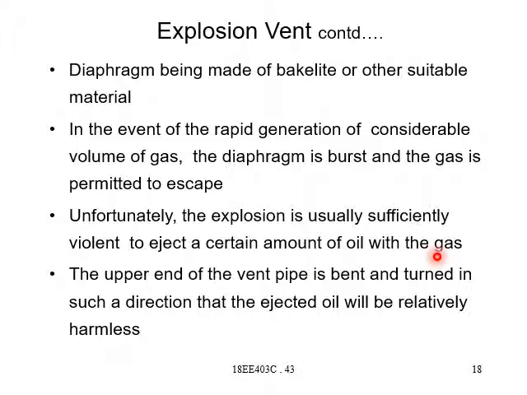So there is a chance of ejecting a certain amount of oil with the gas also. The upper end of the vent pipe is slightly bent, remember, L-shaped, and turned in such a direction that the ejected oil will be relatively harmless.